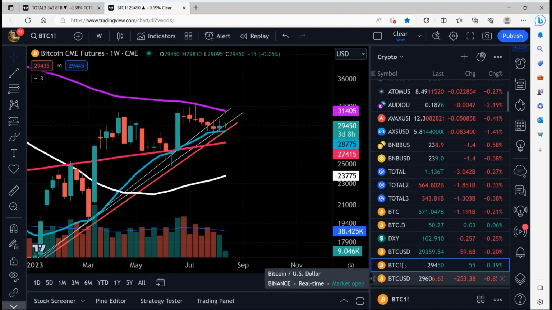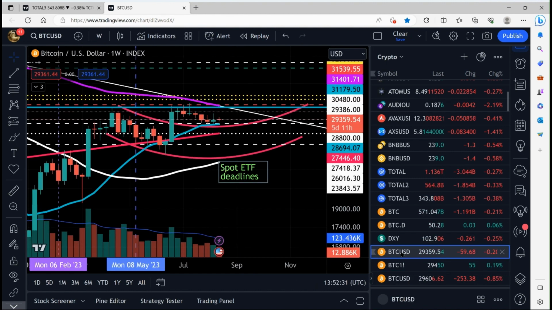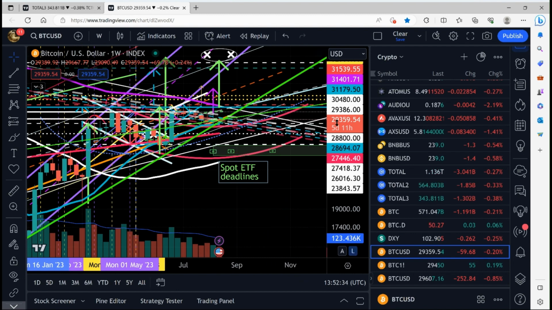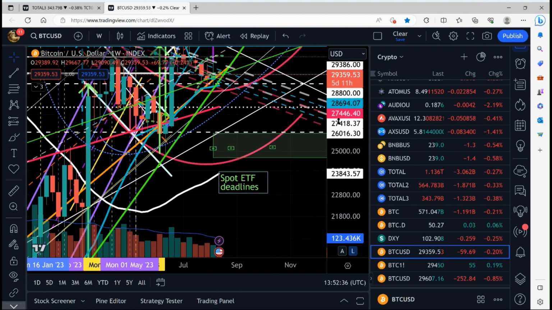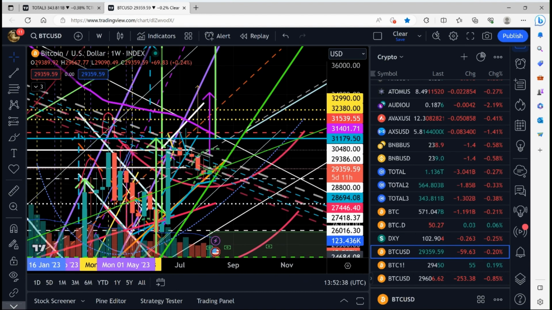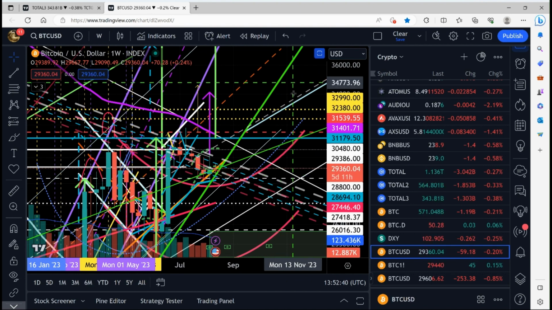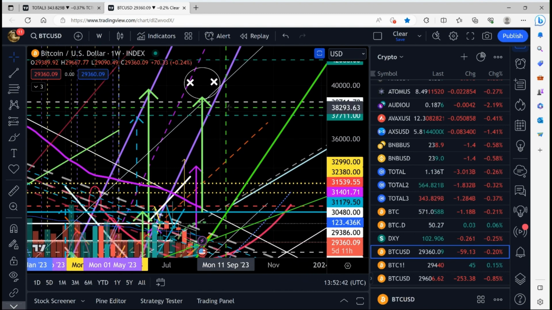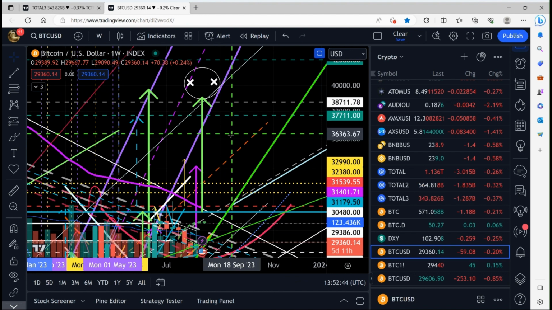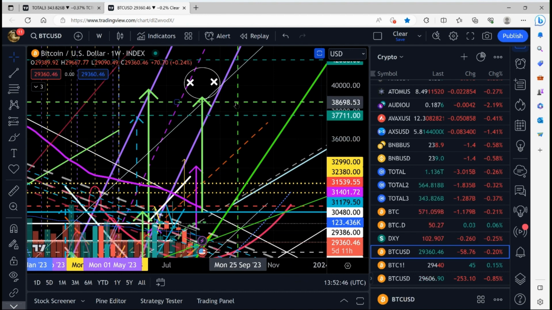And where do I want to go? I think the next region that we'll hang out in for a while is up here in this area between 37,711 and 38,700.